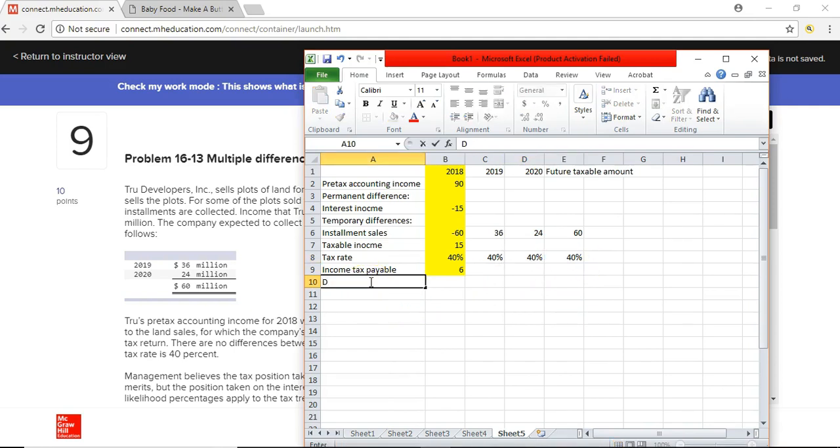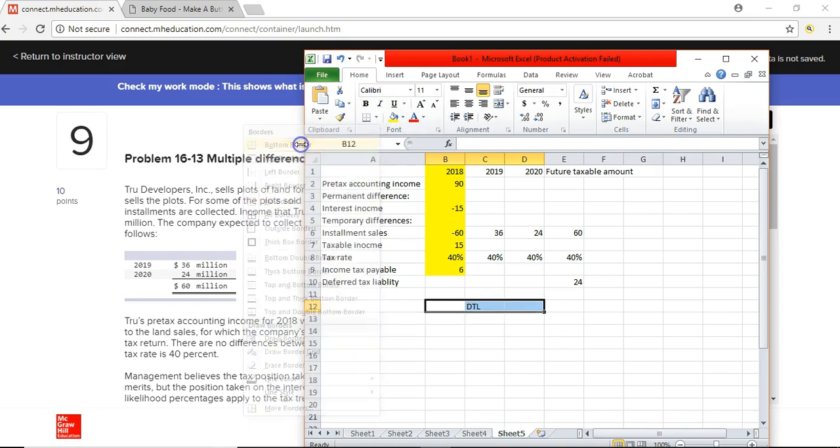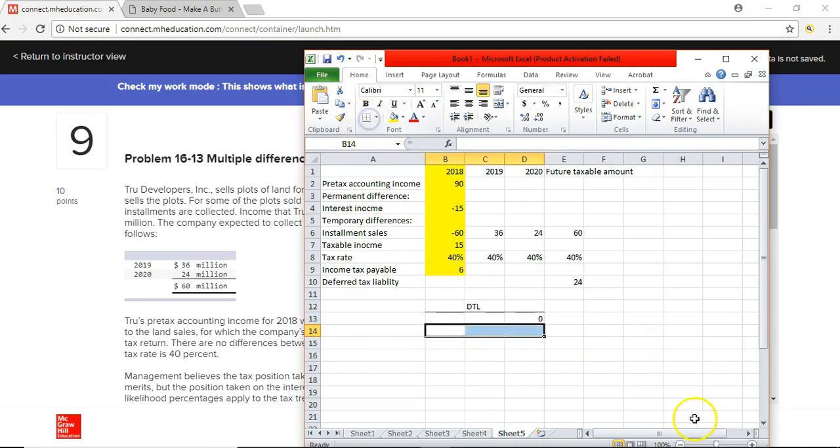After applying the tax rate, we can calculate deferred tax liability, which is $24 million. So the deferred tax liability T account tells me how much change I should make. It starts with a zero balance because this company didn't have any temporary difference. The ending balance should be 24. So the change during the year is $24 million.